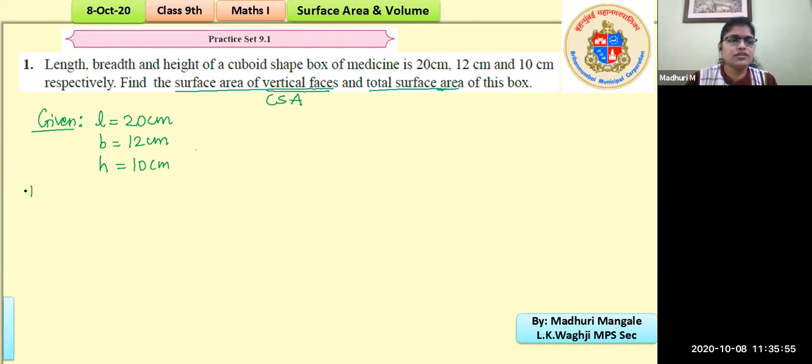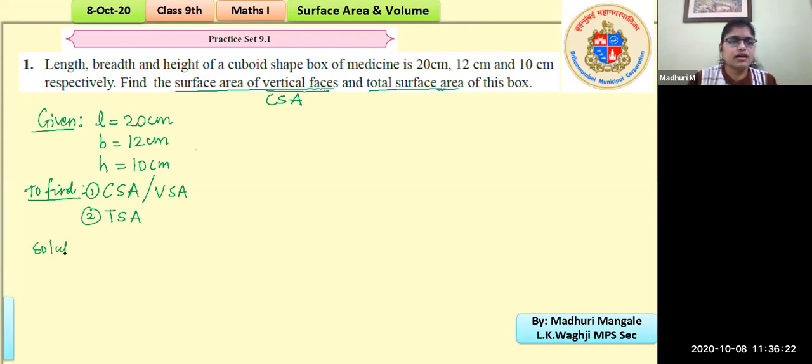And what are we asked to find? We are asked to find two things. The first is the curved surface area, that is CSA, or you can say the vertical surface area, VSA. And the second is TSA, that is the total surface area.